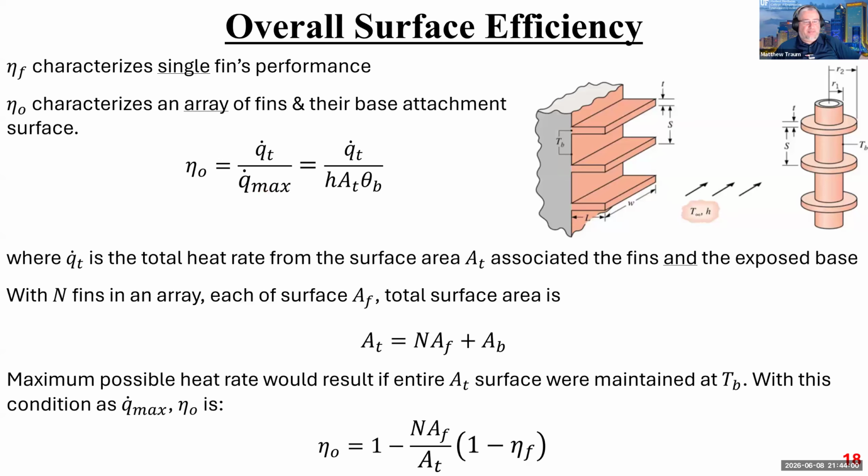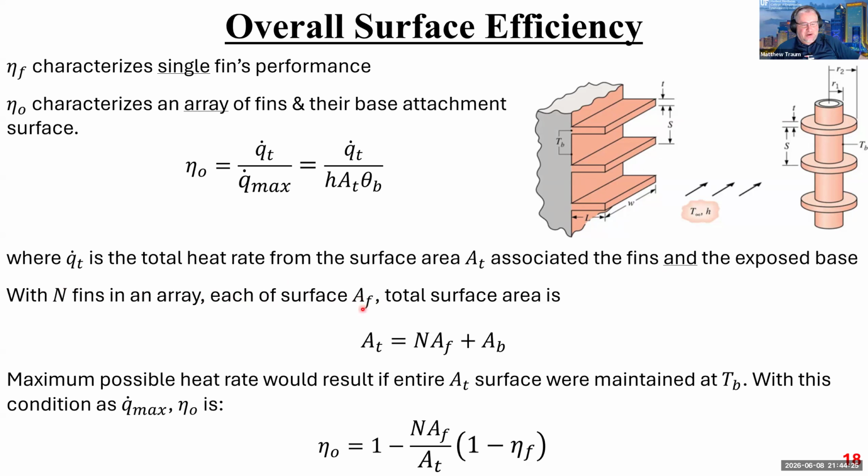Okay. So I say here Q sub T is the total heat rate from the surface area A sub T associated with the fins and the exposed base. With N fins in an array, each of surface A sub f, right?